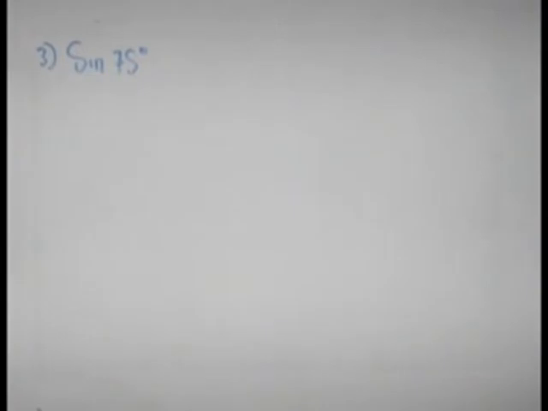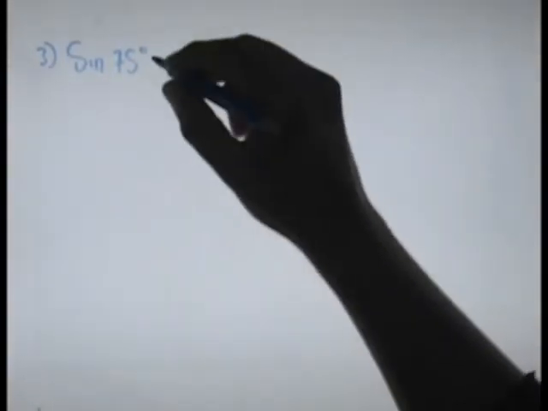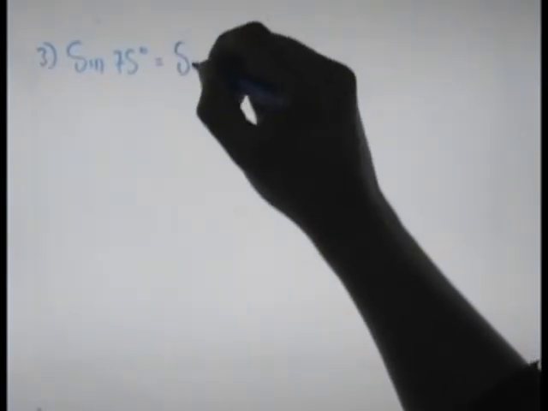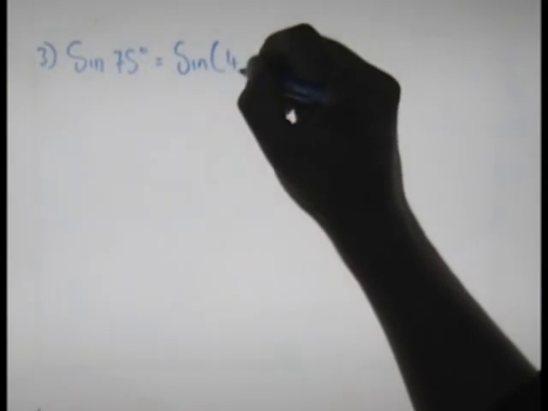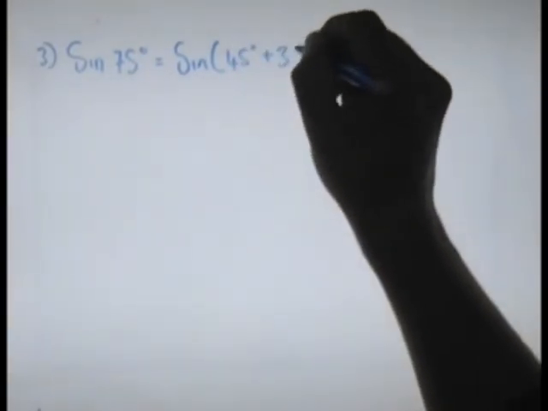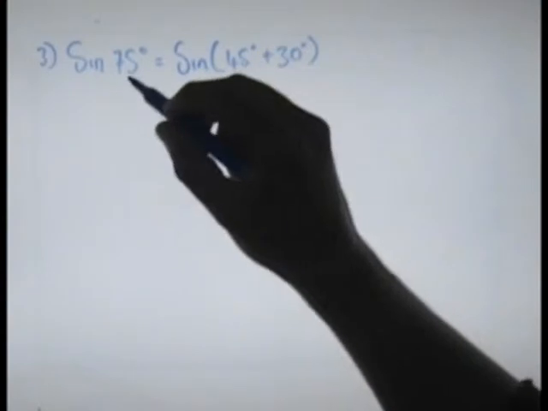The third example I'm going to look at is that of sine 75 degrees. Now I'm going to try and use special angles to solve this one, and compound angles. Sine 75 is the same as sine of 45 degrees plus 30 degrees.